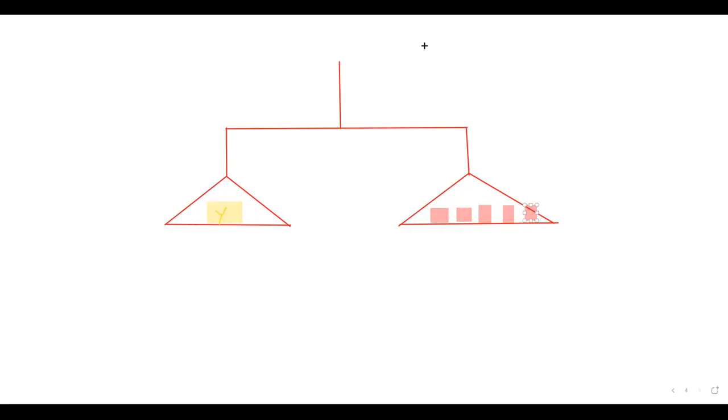So what is the mass of this element Y? What is the relative atomic mass?